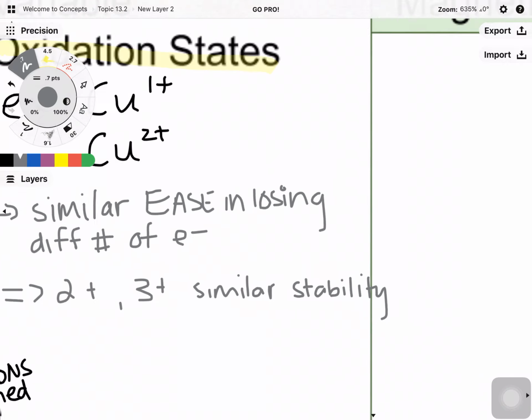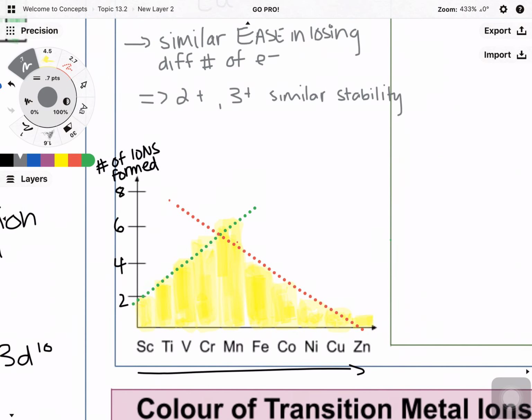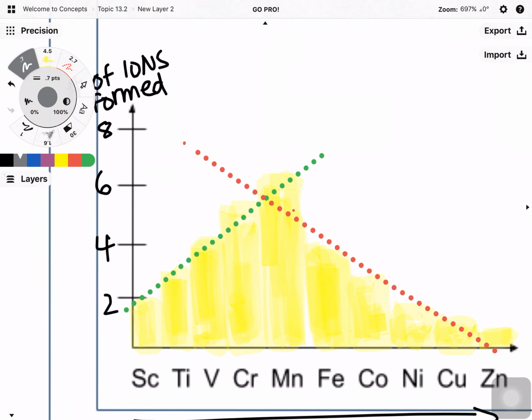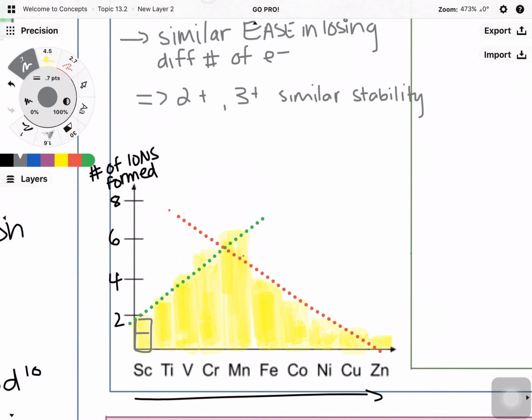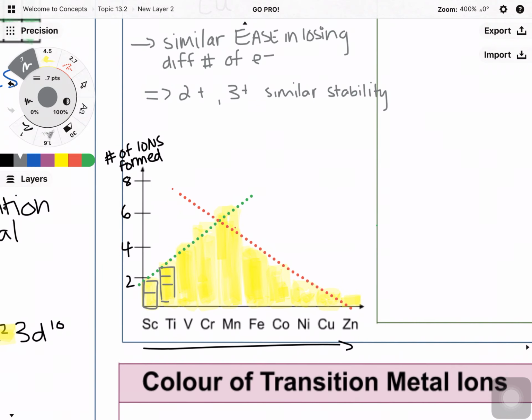Okay, let's take a look at exactly what we mean. If you take a look at this graph, along the y-axis I am charting the number of ions formed. So for example, scandium can form 2 stable or common ions. Titanium can form 3, etc. Hopefully you can see a pattern as we go from left to right across the periodic table.